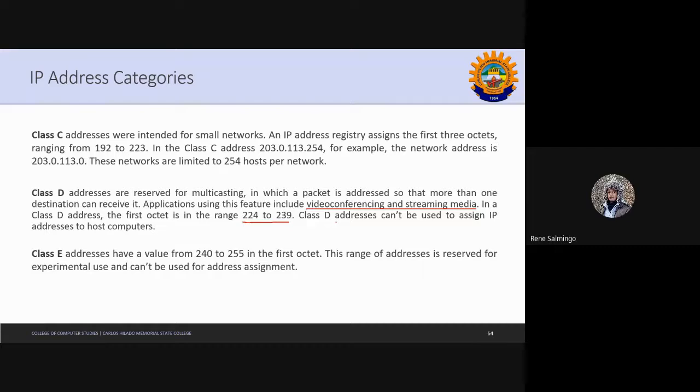Class D addresses cannot be used to assign IP addresses to host computers, so that's why they are not used. Also, we have Class E. The values start from 240 to 255.